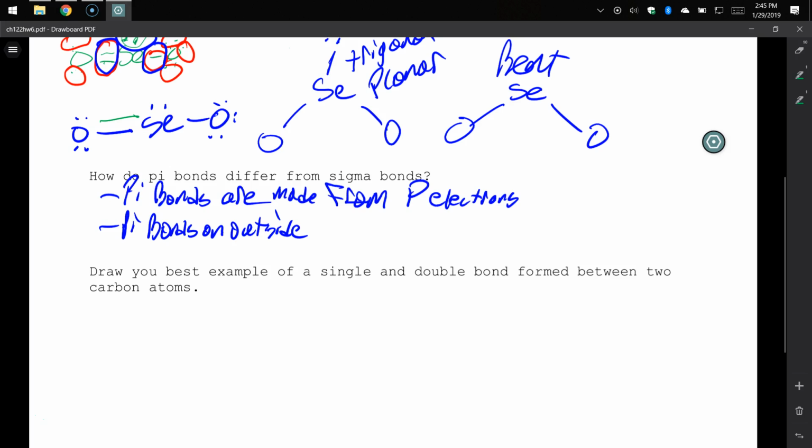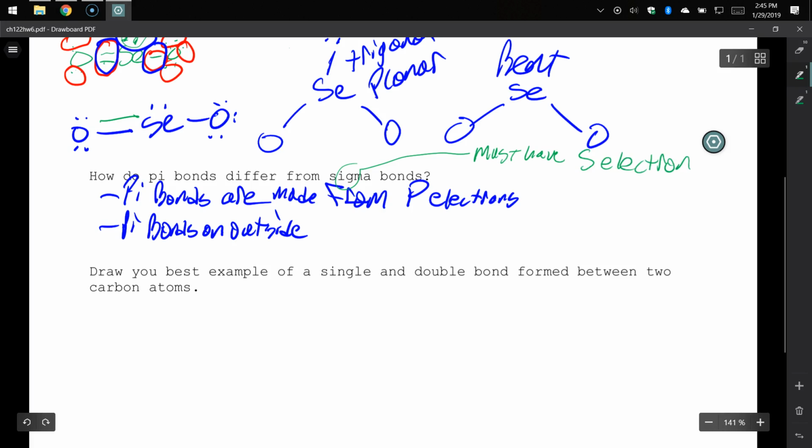And then the sigma bond. It's got to have an S electron.